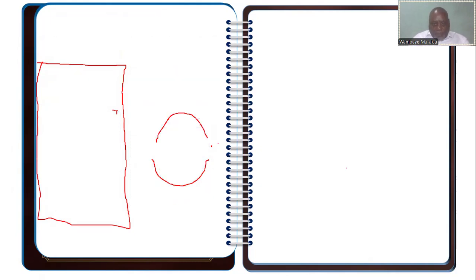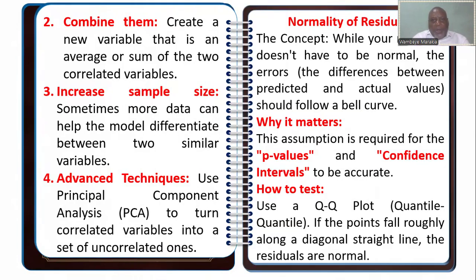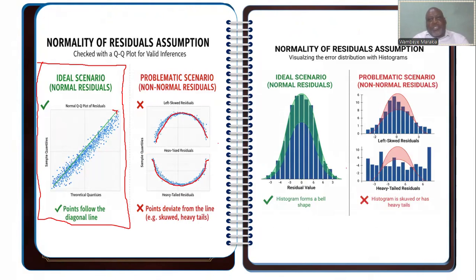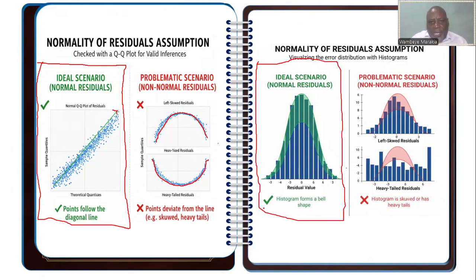Also, we use the normal curve or the histogram to look at the normality. The ideal scenario is what I'm presenting on this side when you are using a histogram. You see, this line is fitting all through.